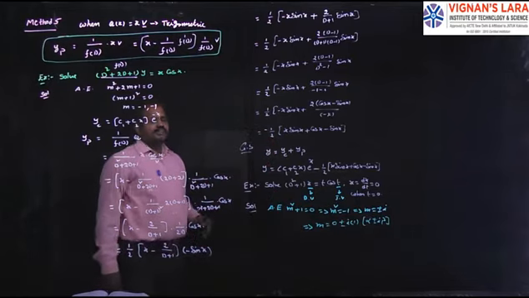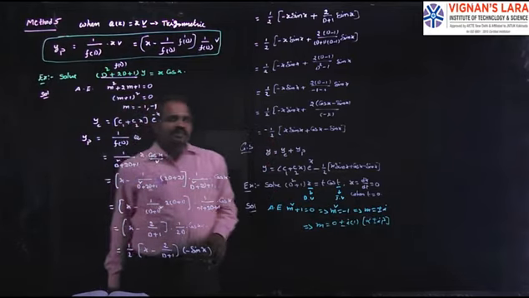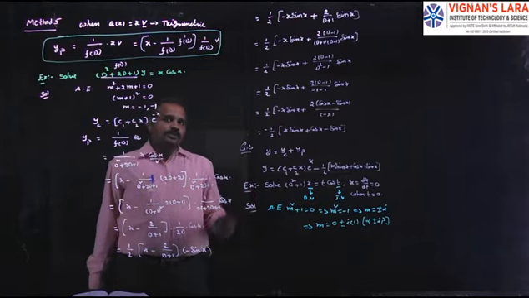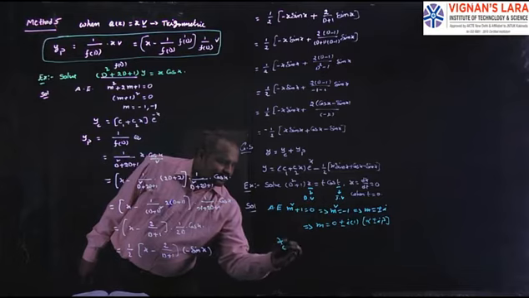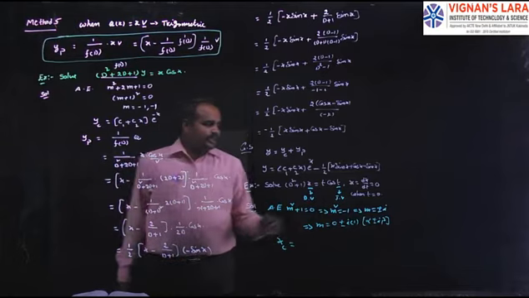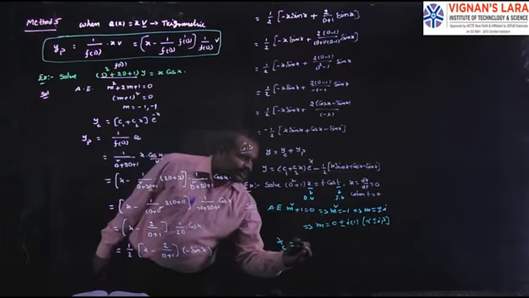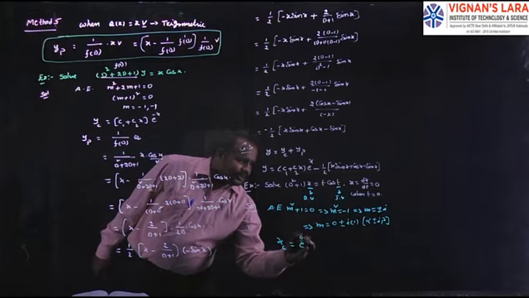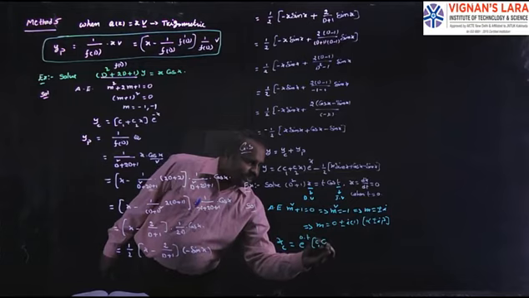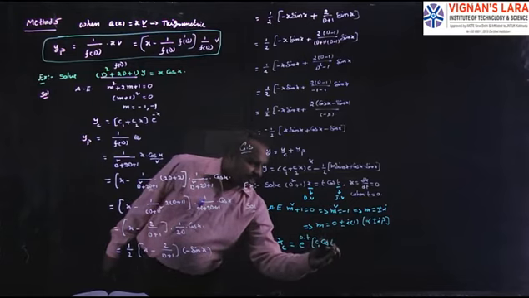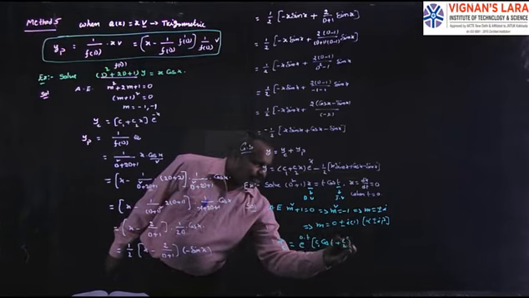So generally y dependent variable, x independent variable means complementary solution yc. But here x is the dependent variable. So complementary solution is xc, with independent variable t. Remember that. So e power 0 into t, because the alpha value is 0, c1 cos beta t, beta value 1, plus c2 sin beta t.